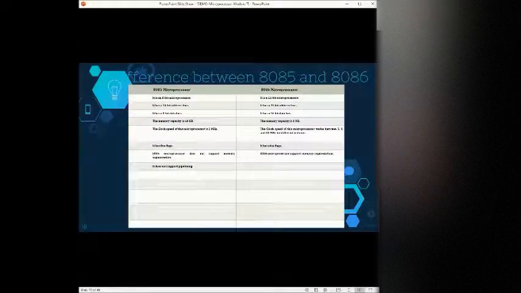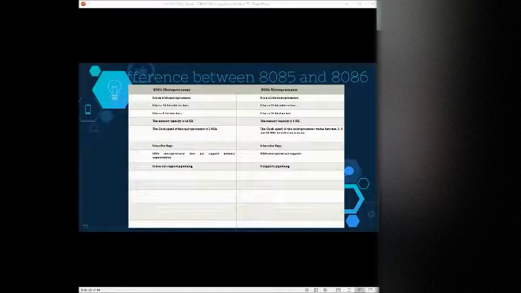Next, the 8085 does not support pipelining, while the 8086 supports pipelining. What is pipelining? Class. Okay, pipelining is the process of fetching the next instruction while the present instruction is being executed.